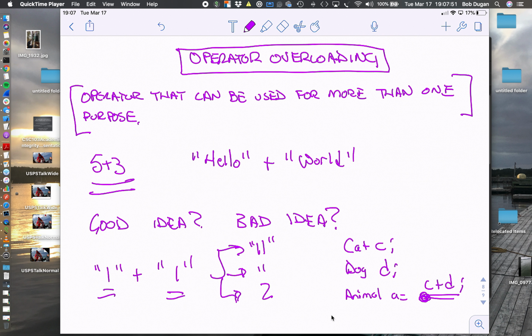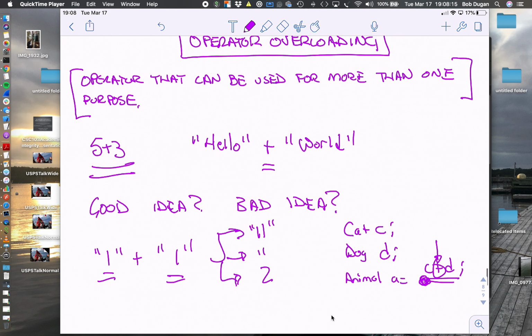In C++, you're allowed to redefine what that operator plus means for any operands of your choosing. Pretty crazy. I don't think that's particularly readable. I don't know what happens if you combine a cat and a dog. I'm not sure I want to find out either. So generally, try to keep it simple. Maybe just have that plus operator overloaded for strings and integers, but don't try to do anything else.